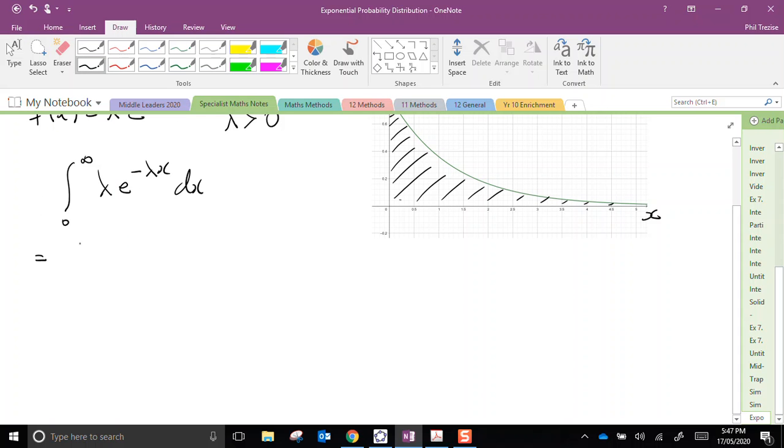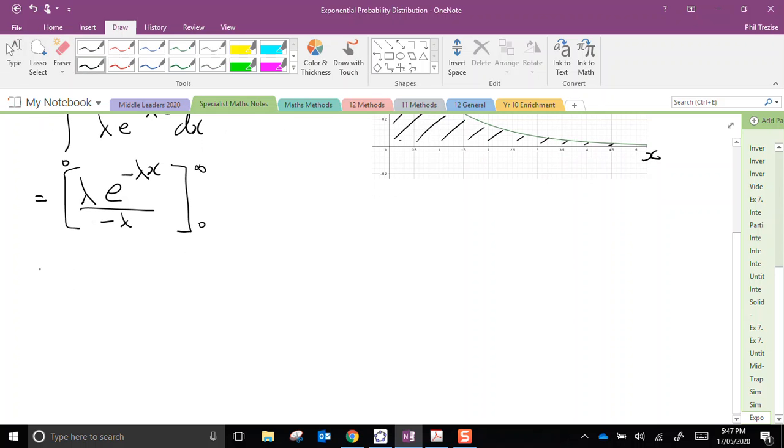So lambda is a constant, it sits there. The integral of e to the something is e to the something, and then we divide by, and now we have to think of this as a little function inside a function, the derivative of negative lambda x, which is negative lambda. And we are integrating between the value 0 and infinity. So pretty obviously that lambda cancels with the lambda in the denominator.